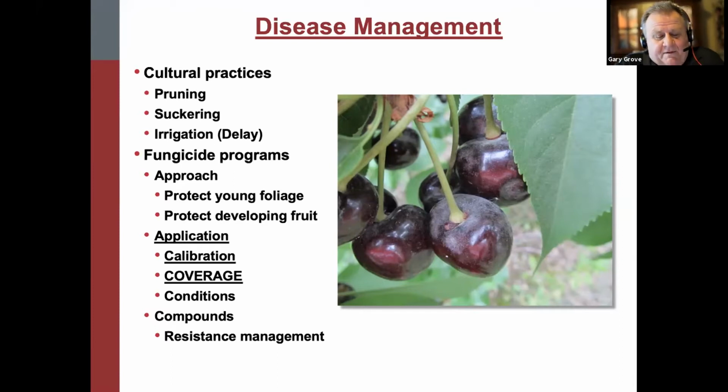Fungicide programs, there's the approach, and the approach we use is largely one of protection. That is, protect young foliage and young fruit or developing fruit. The reason I stress protection here is it's far easier to protect against powdery mildew than it is to get rid of it once you have it. So protection is the approach.